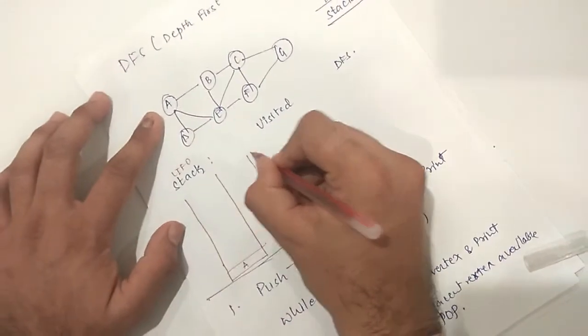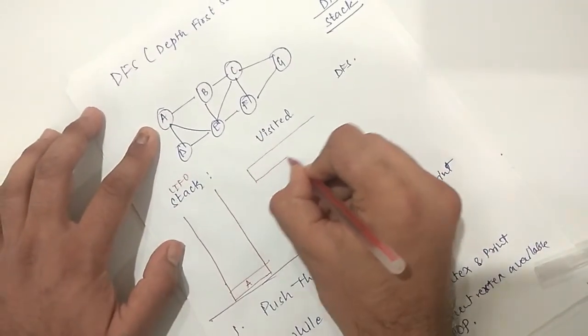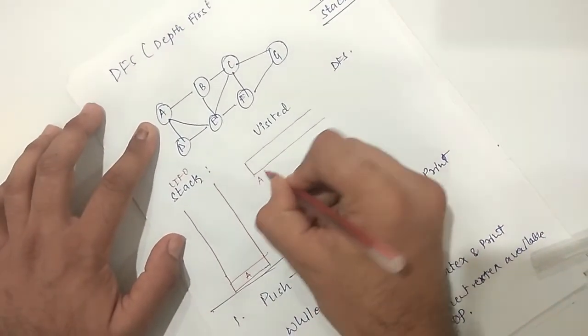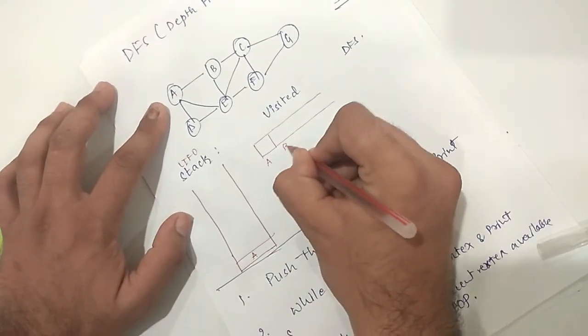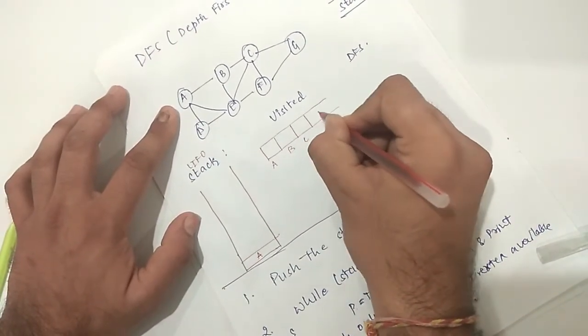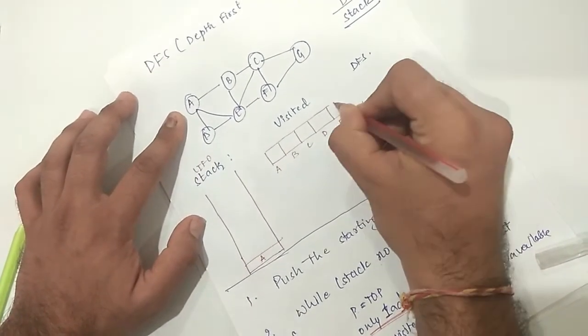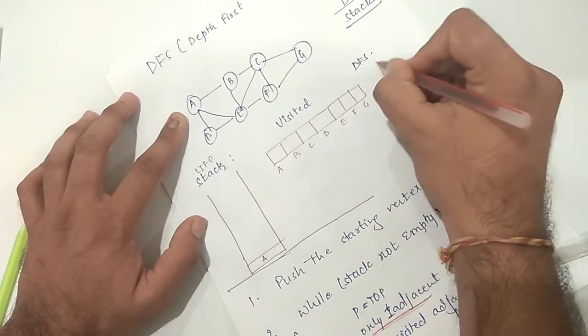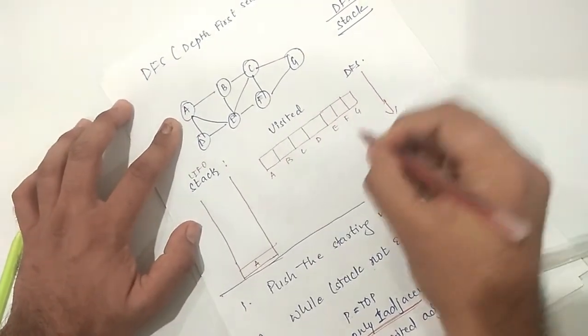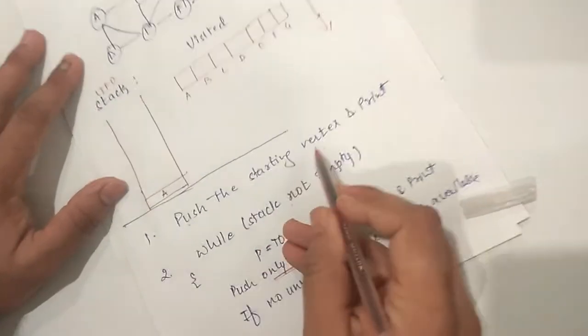Let us take an array which keeps the track of visited and unvisited. And over here I am writing DFS traversal. So first is push the starting vertex and print.